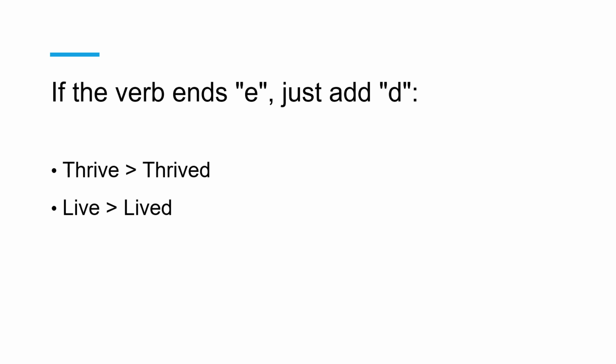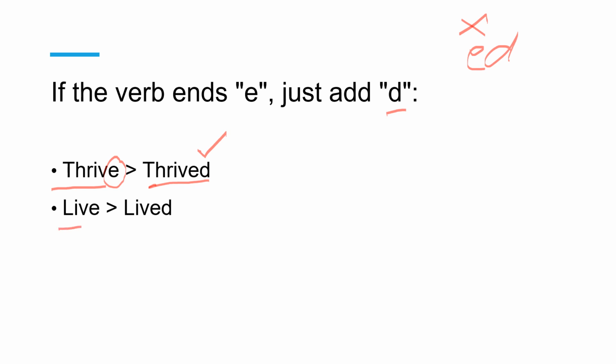Now, if the verb is ending with e, what do we do? We simply add d and not ed. That would be wrong. As thrive, it's ending with e. So we simply add d to thrive. It will be thrived, and this is the simple past form of the base verb thrive.